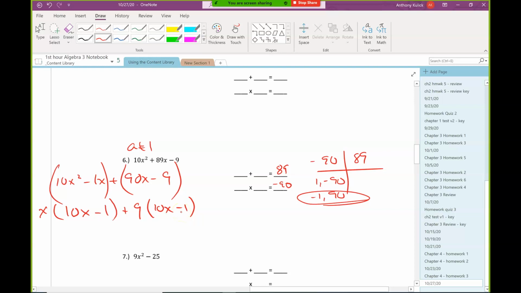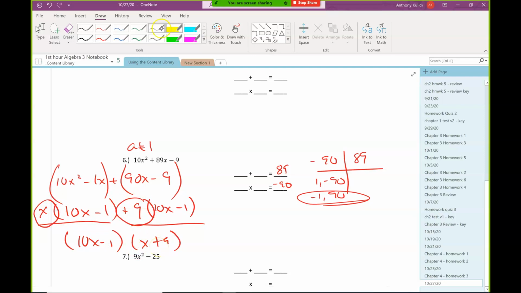Of course. And then if I look at each one of these two and look for something in common between both of them, I see that 10x minus 1 is in both of them. So when I factor that out, the only stuff left would be x plus 9. And this is my final answer.